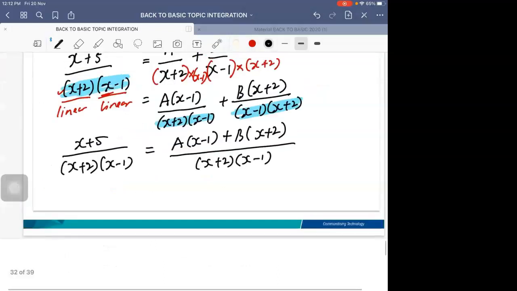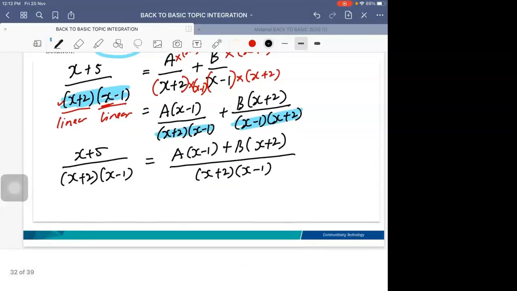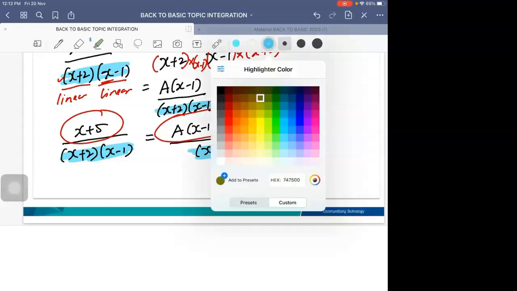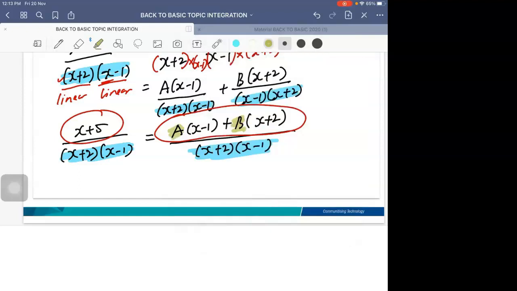When this denominator is equivalent, persamaan tu balance, seimbang, so we focus on solving our numerator part, because we want to calculate what is our a and what is our b.